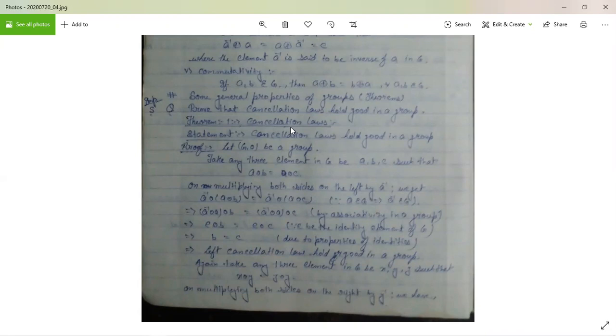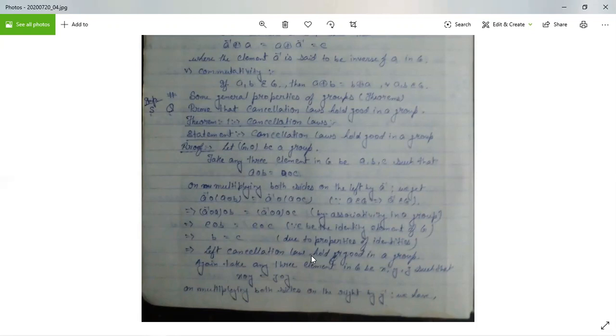Cancellation laws are of two types: left cancellation law and right cancellation law. I already proved the left cancellation law in the last class, and the proof of the right cancellation law I left as an exercise for the students.